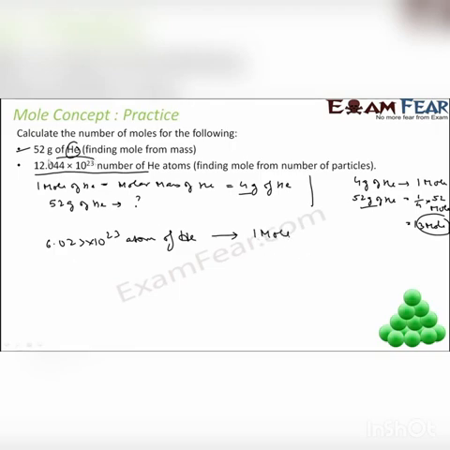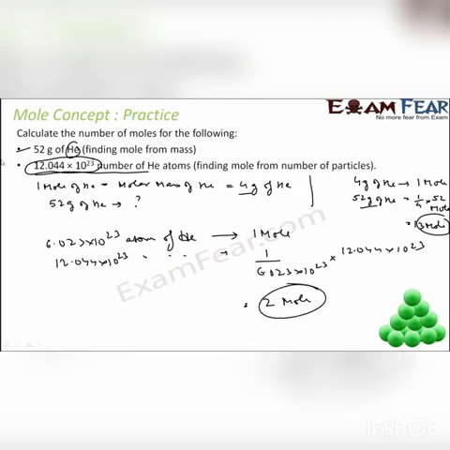So if this is equal to 1 mole, this many is equal to how many moles? It is 1 by the old value multiplied by the new value. You solve this, you get 2 moles. So these many particles is nothing but 2 moles of helium.